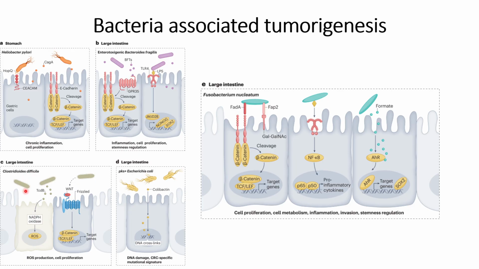It activates reactive oxygen species, through NADPH oxidase, and in other cases it will activate the WNT pathway, which is the pathway for cell proliferation. And once it activates cell proliferation pathways, it does the same thing that is done by the other two bacteria in the stomach and large intestine.